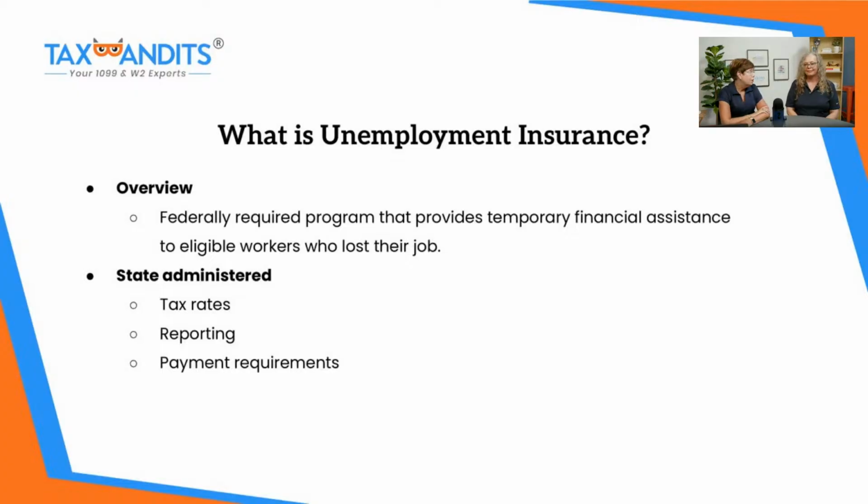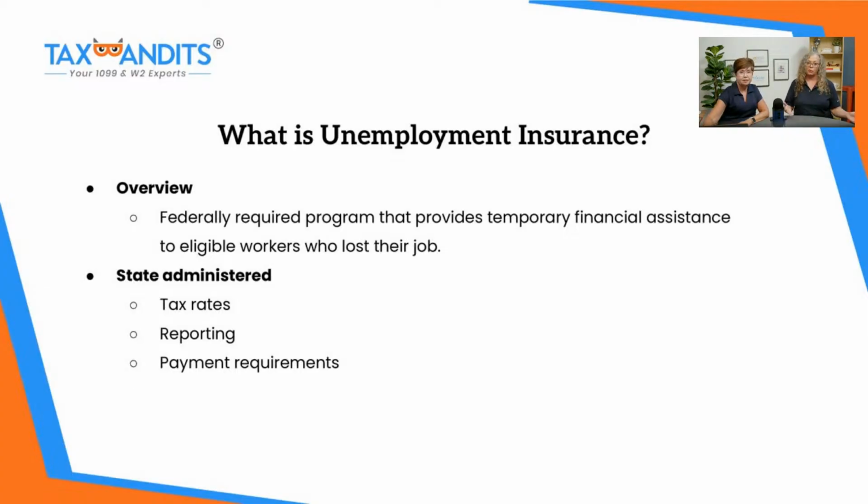What about unemployment insurance? Unemployment insurance is a federally required program. It provides temporary financial assistance for those who get laid off or lost their job or sometimes fired. It's state administered, so the tax rates, reporting and payment requirements are again by state.